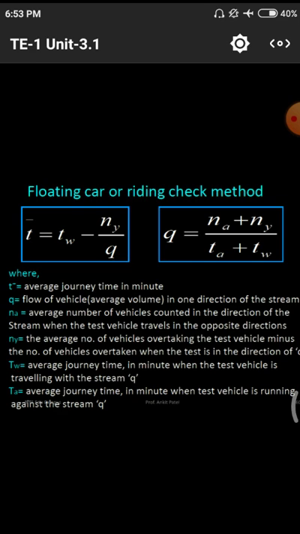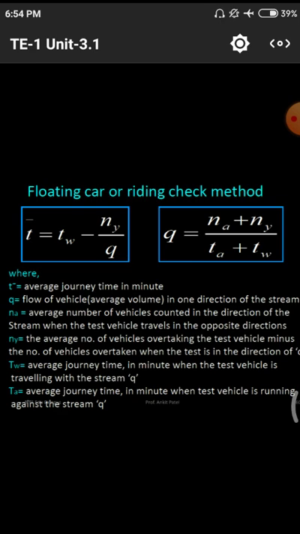Similarly we are having Q, that means flow of vehicles in a particular direction of the stream. That means total flow of vehicles in a particular stream is equal to Q. Next we are having NA, the average number of vehicles counted in the direction of the stream when the test vehicle is in the opposite direction. That means whenever we are moving in a single lane, how many vehicles are coming in the opposite direction to us.